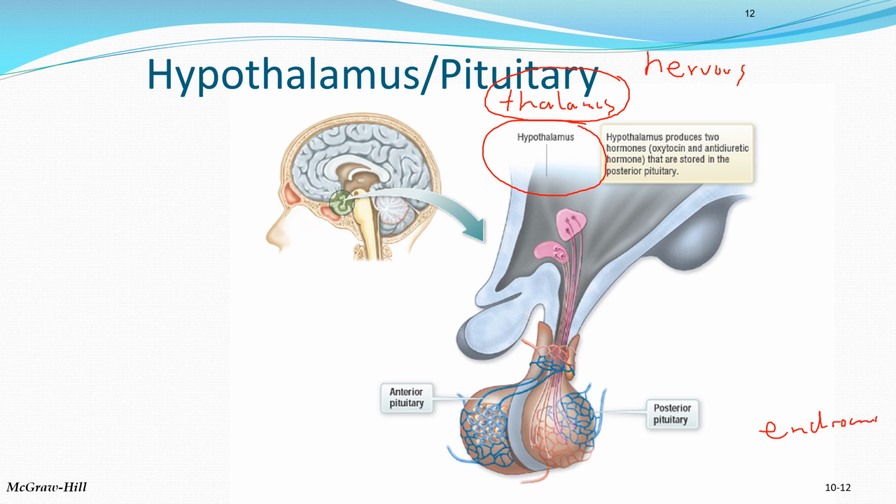So the posterior portion, it's more nervous tissue, so they call it the neurohypophysis, whereas the anterior is more glandular, so they call it the adenohypophysis. So right here, through your nose, if you have an issue with your pituitary, they like to do surgery through the nasal cavity.